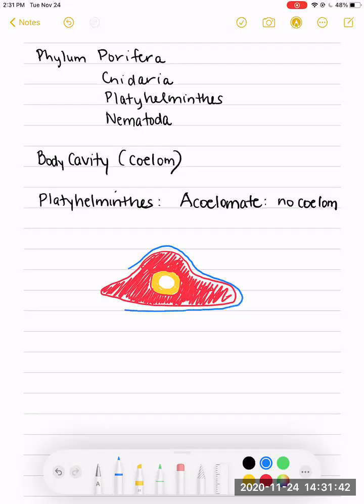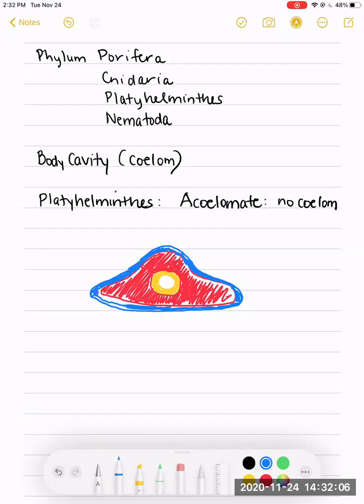And these are the 3 colors that are typically used to represent these 3 different tissue layers. So yellow is usually endoderm, red is mesoderm, and blue is ectoderm. And you can see there's no space except for the interior of the gut.